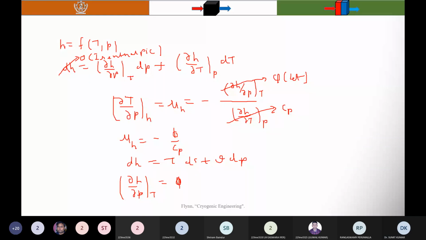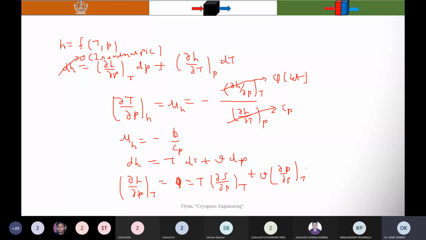It is equal to T into the partial derivative of S with respect to P at constant T, plus V times the partial derivative of P with respect to P at constant T. So this term becomes 1.